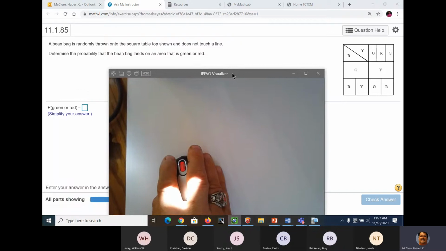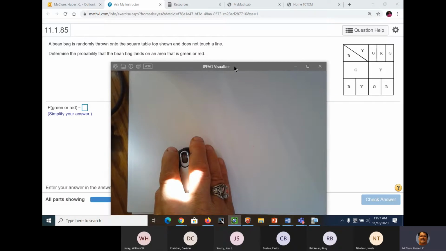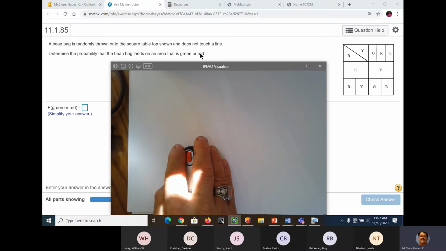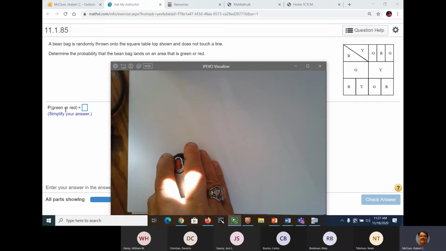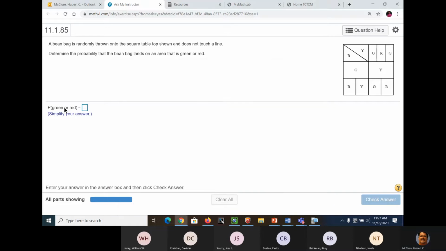Okay, a beanbag is randomly thrown onto a square table and does not touch a line. Determine the probability that the beanbag lands on an area that is green or red. What does or mean? 11.1, okay, I thought I was in 120 there for a minute.